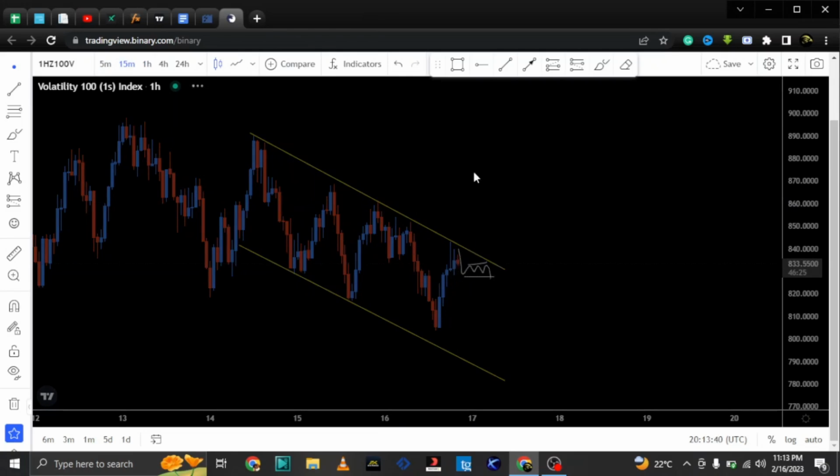The market can easily tag you in and tag you out, hit your stop loss, then come back, then you enter again, hit your stop loss. So we want the market to give us a confirmation that it's actually committing the sell to the downside. Okay, so let's look at the 15 minutes time frame and see what is going to happen.